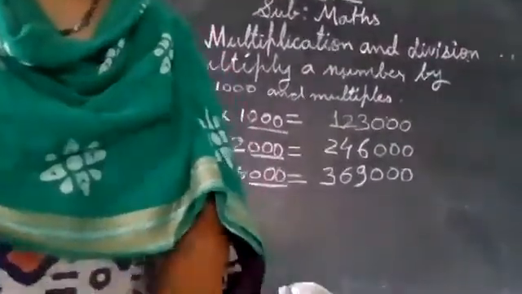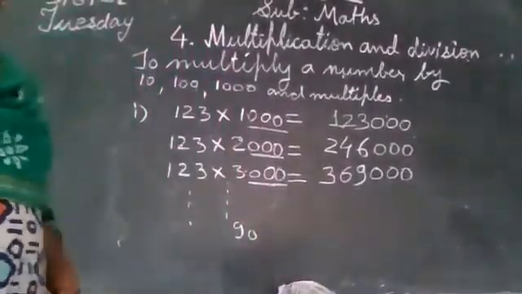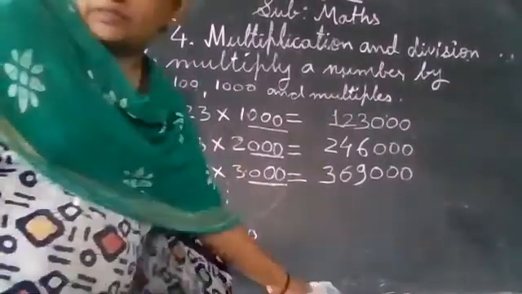After that, children, beta, let us learn multiplication of large numbers.